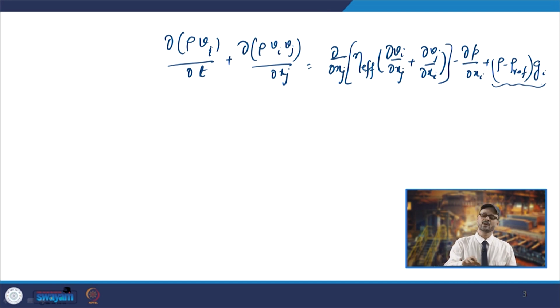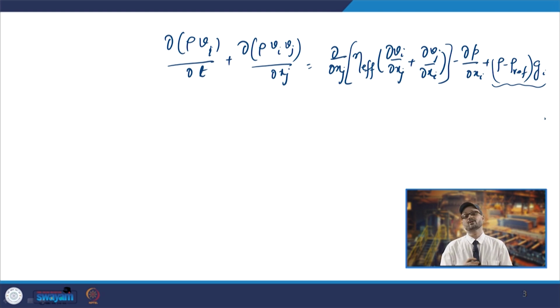So, all these terms we have already seen, what these different terms indicate and all that. So ρ minus ρ reference will be your change in the density.